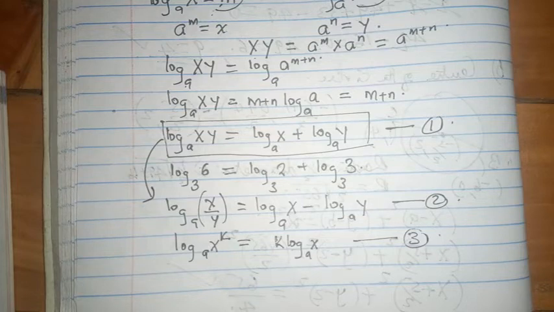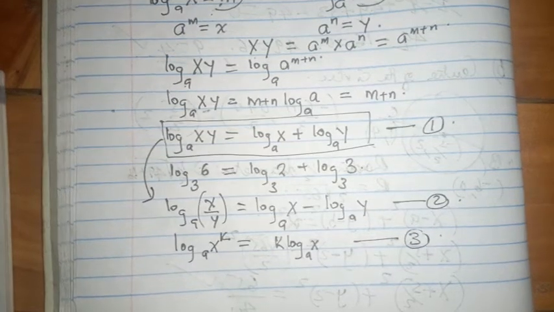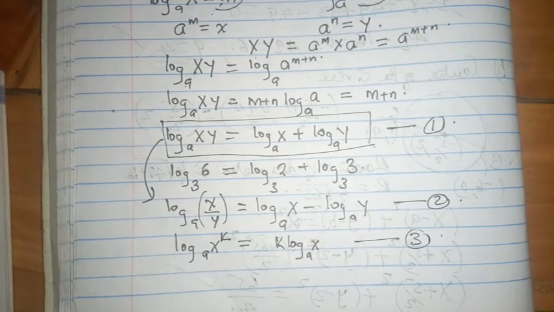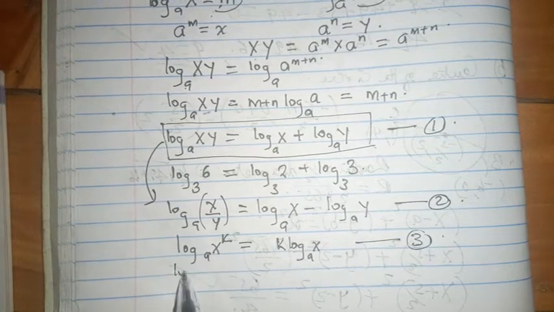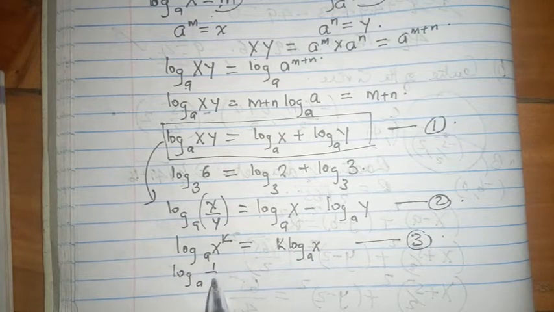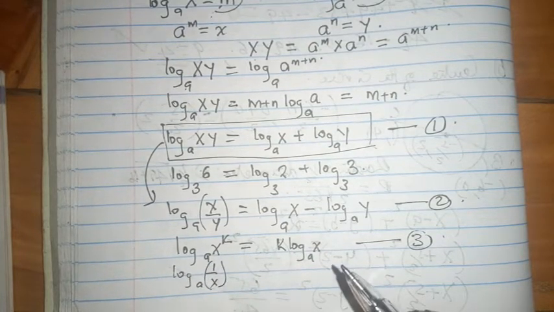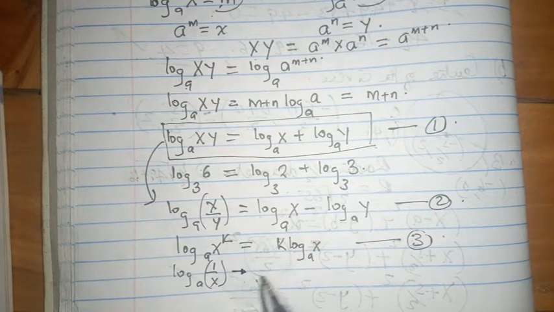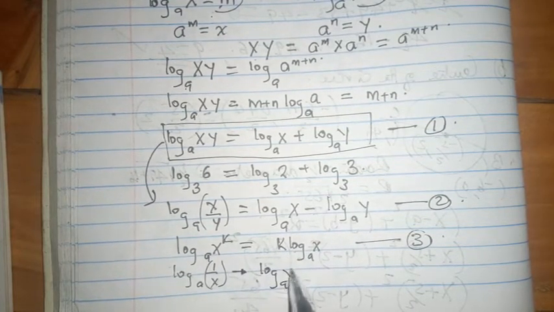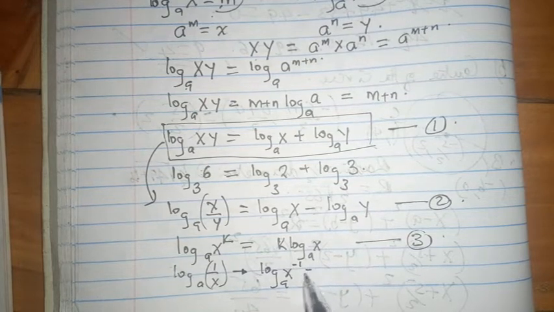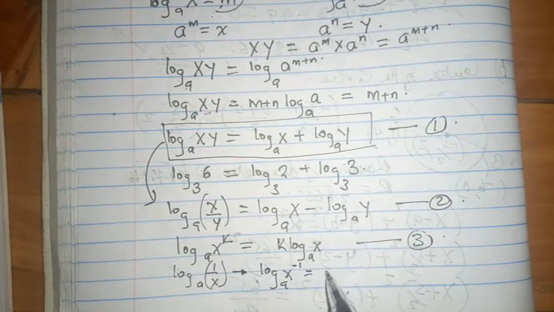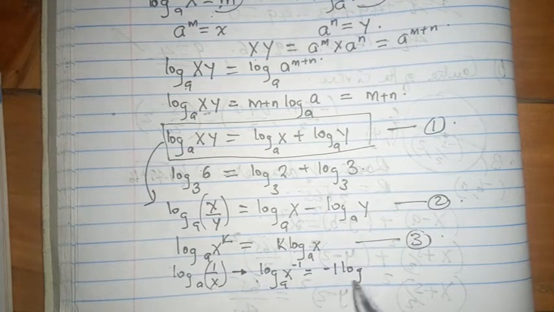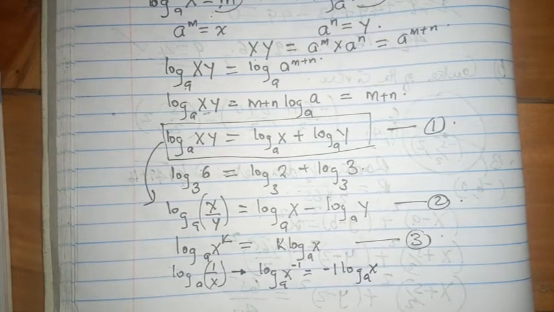Of course, there are so many other laws which you can squeeze in between. You can also say log to base a of 1 over x. It goes without saying that this x can rise up to the numerator position. This is log to base a of x raised to the power negative 1, which we can now use law 3 to find minus 1 log to base a of x, which is as simple as that.